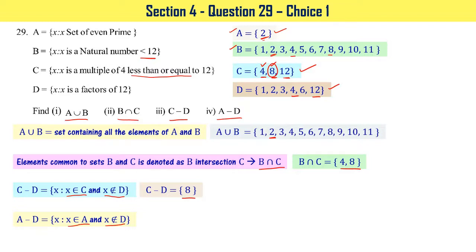But 2 is there in the set D also. It means A minus D is going to have no elements, right? That's why we write it as an empty set. A minus D is an empty set or null set, right? This is what we are asked to find.